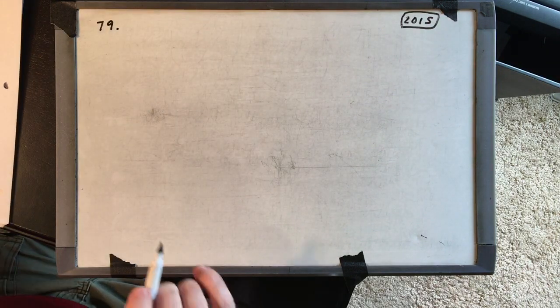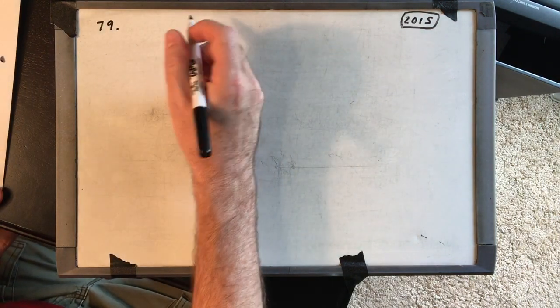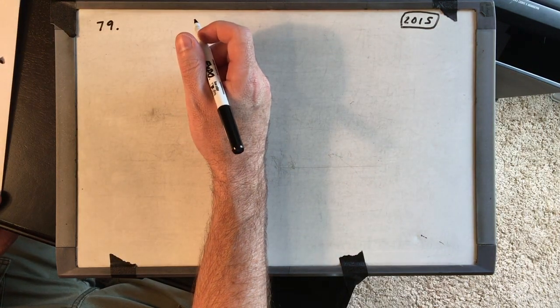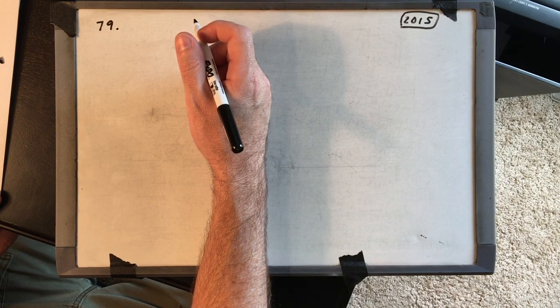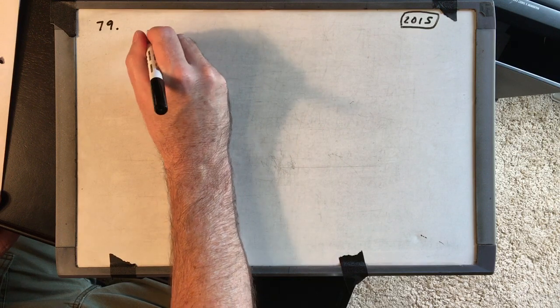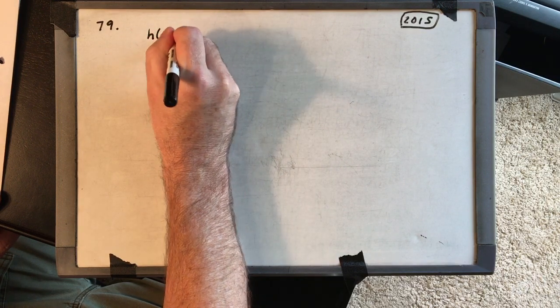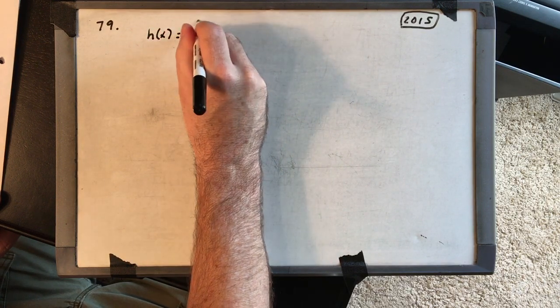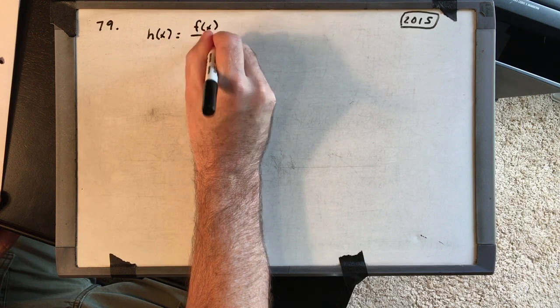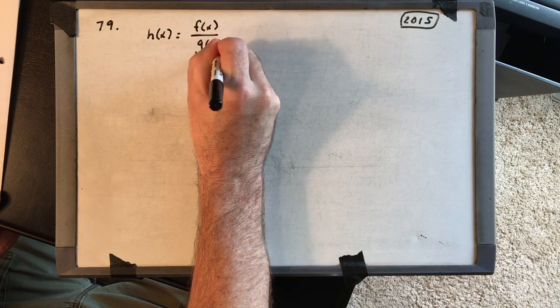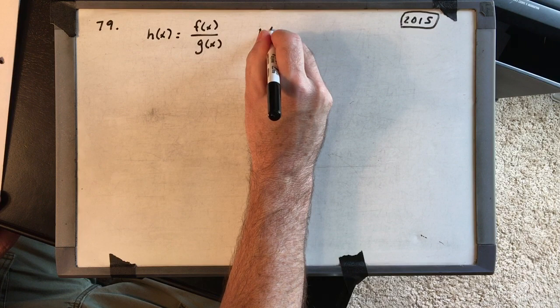The table above gives values of the differentiable functions f and g and their derivatives at x equals 0. If h of x is equal to f of x over g of x, what is h prime of 0?